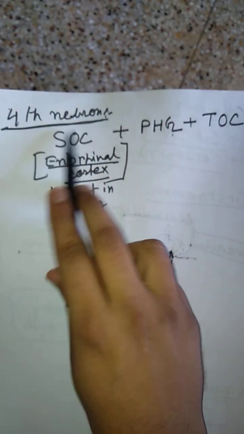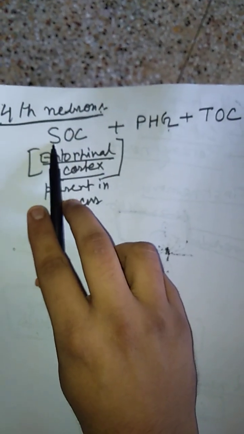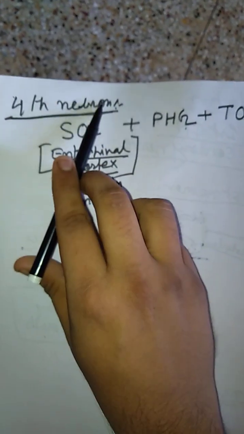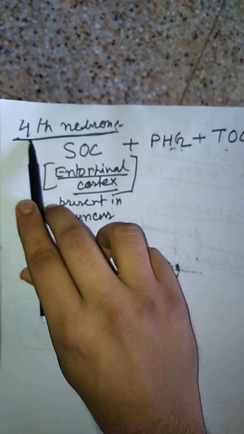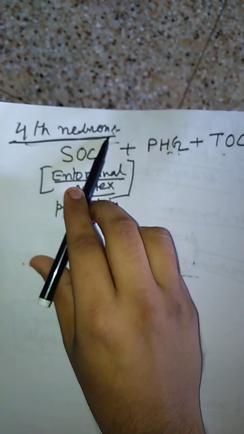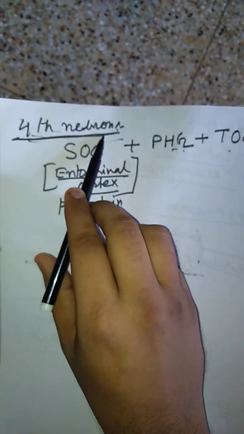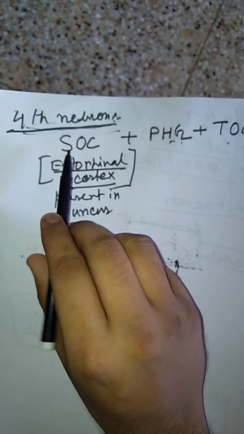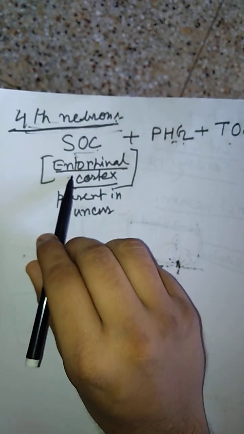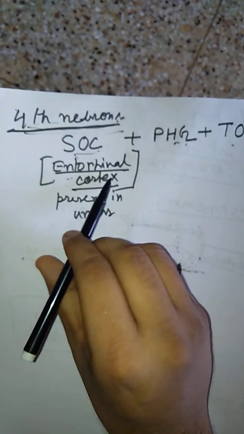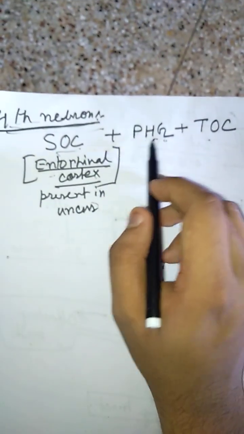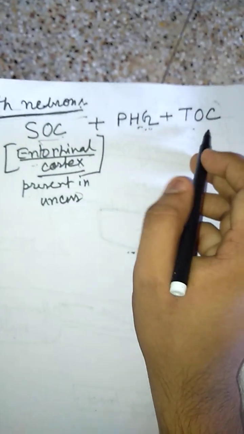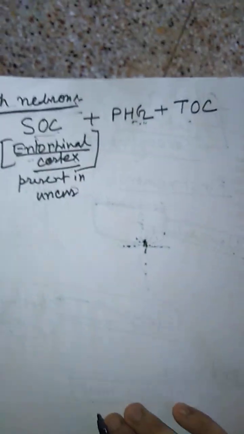They give off fibers which go to the secondary olfactory cortex, parahippocampal gyrus and tertiary olfactory cortex, which are called the fourth order neuron. The secondary olfactory cortex is also called the entorhinal cortex, which is present in the uncus. PAG means parahippocampal gyrus and TOC means tertiary olfactory cortex, okay.